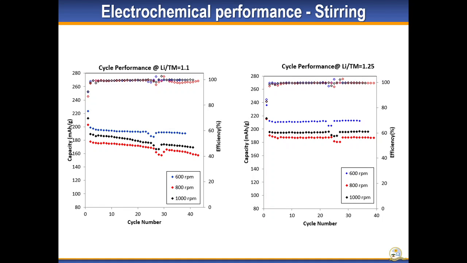When the effect of stirring was looked at, we found that the 600 RPM yielded the highest capacity at both the 1.1 lithium to transition metal concentration and the 1.25 lithium to transition metal concentration. This was followed by the 1000 RPM and then the 800 RPM.